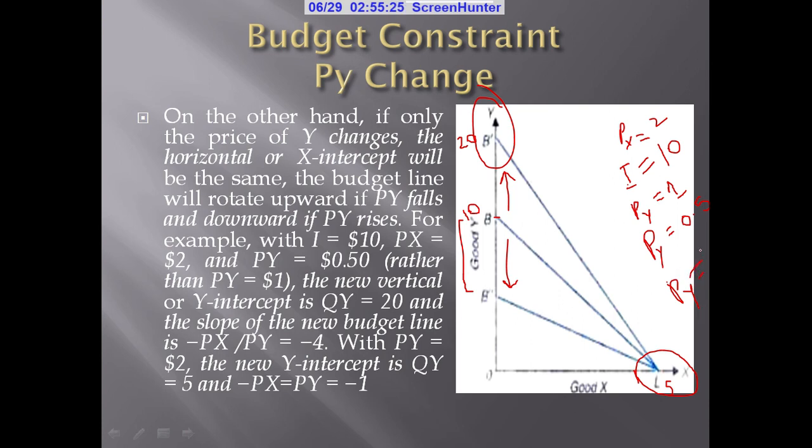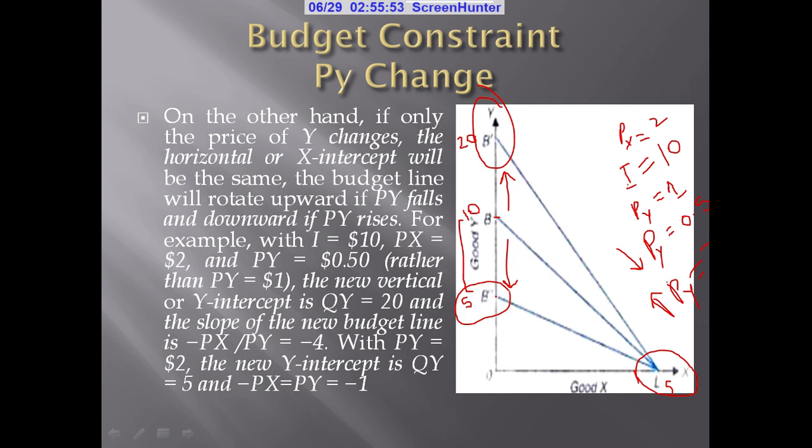In this case, when the price of Y increases, the individual is now able to purchase only 5 units of commodity Y, keeping expenditure on X at 0. If the individual spends all of his income on Y, he can buy 5 units of Y.